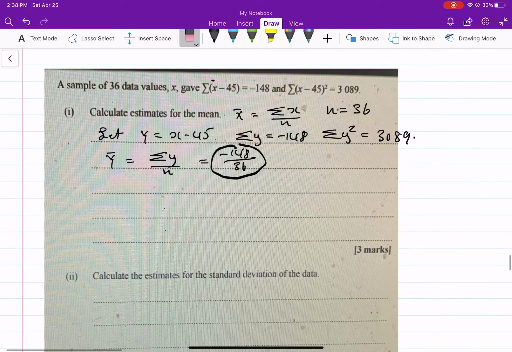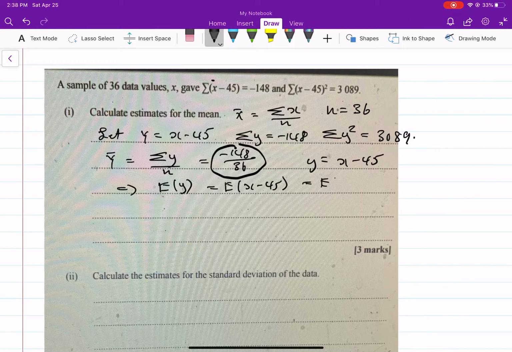Well, let's see. You would remember we discussed expected values when we were doing probability distributions. Expected values and means are basically the same thing. If we have y equal to x minus 45, then the expected value of y is equal to the expected value of x minus 45, and the expected value of a constant is that constant.